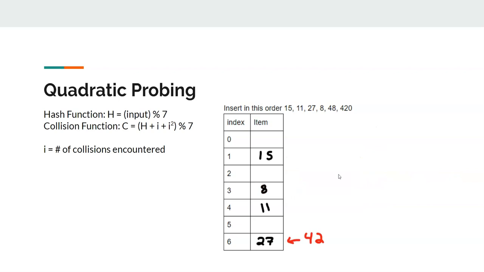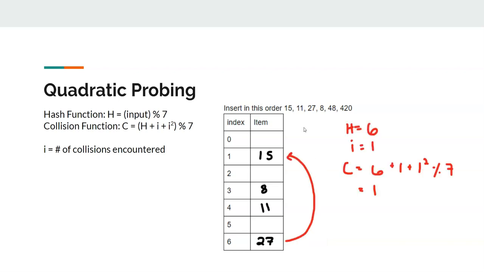Then we'll try to insert 48 and get a collision with 27. Pretend that 42 is 48. Using our collision function once again, our hash function gave us an index of 6, and we've collided once. So using our collision function, we get 6 plus 1 squared, mod 7, which equals 1.